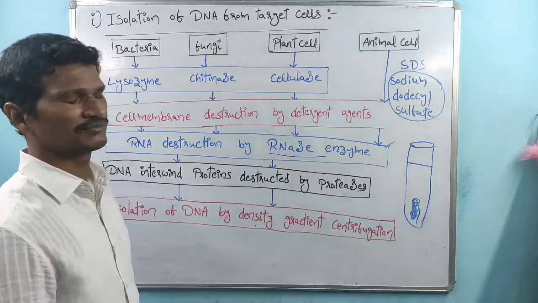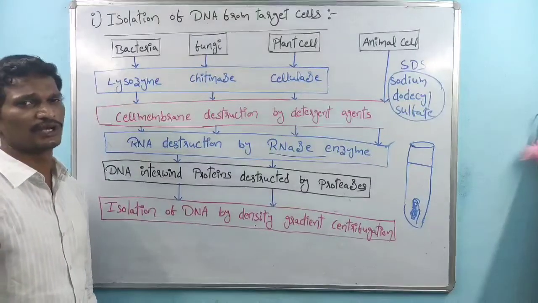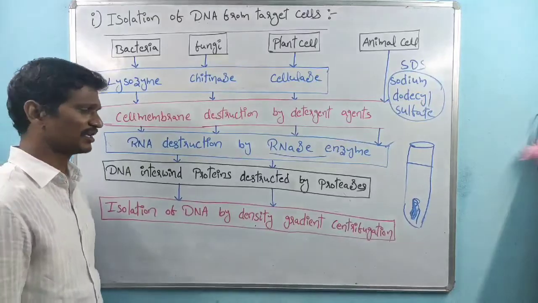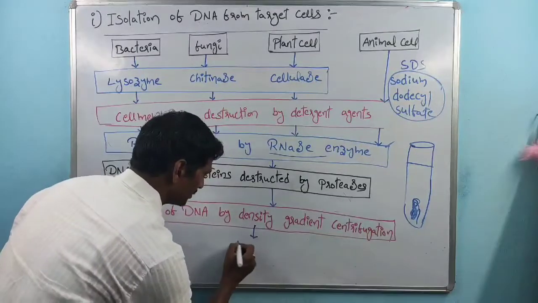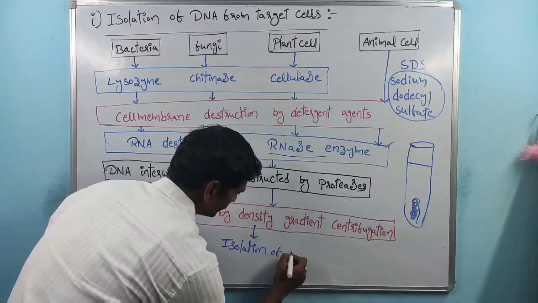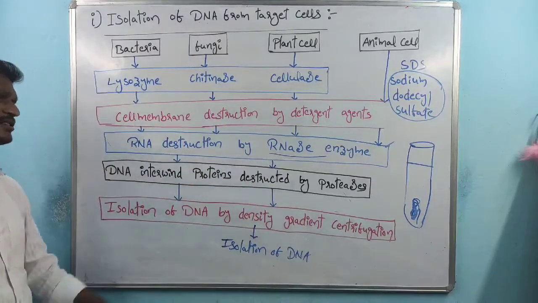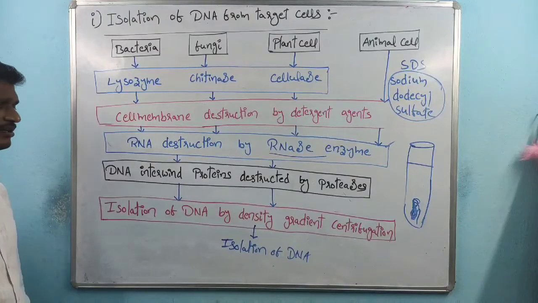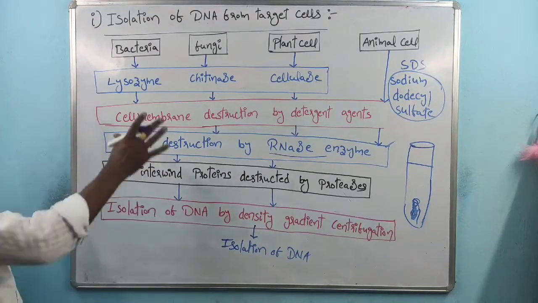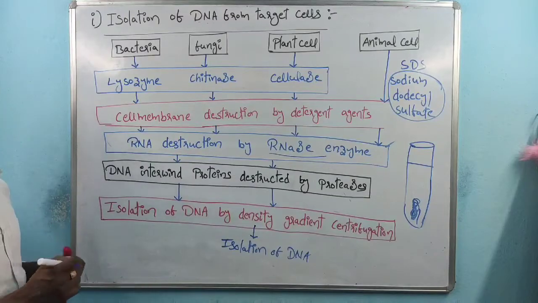By density gradient centrifugation, we are isolating the DNA. The last step is isolation, or separation, of DNA. So this is about the isolation of DNA from target cells.